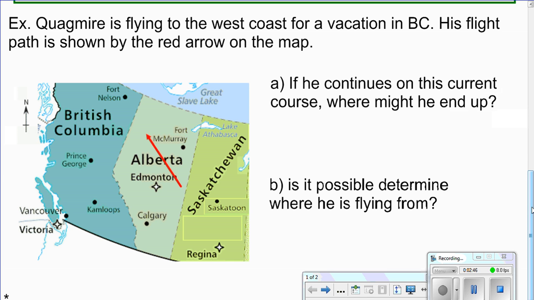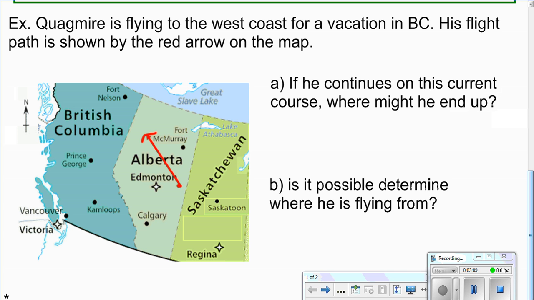I'm sure northern British Columbia is very beautiful, but I can't imagine that it's quite as warm as Vancouver or Victoria. Just a personal preference. Anyways, so if he's continuing on his map, if you notice, his flight path is shown. We've started here. Now we don't know if that's where his flight started, but that's where the tracking of his flight path started. And then the arrow shows the direction that he's flying. So he's flying definitely to northern British Columbia. And so it says, if he continues on this course, where might he end up?